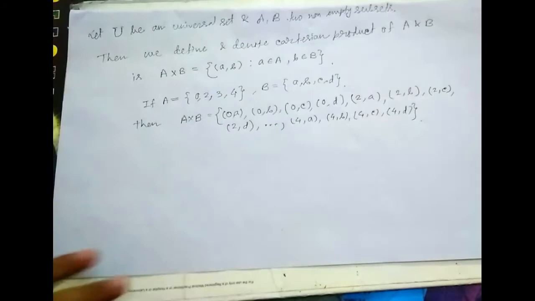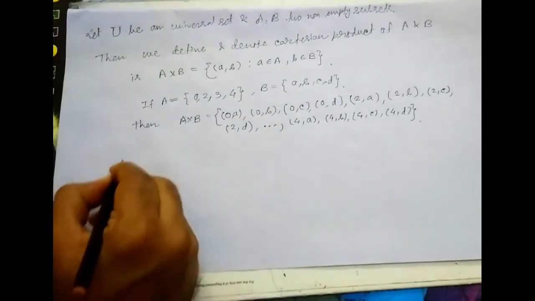Okay, so this is our Cartesian product of two subsets. Now if we have 3 or 4 or n many subsets, then we can define also the Cartesian products of n many subsets.